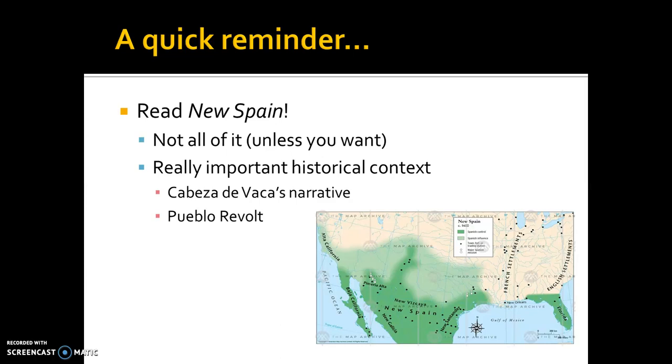But in terms of what we would consider North America, this gives you a sense of the vastness of the territory. Obviously all of Mexico is accounted for here, what we know now as the state of Florida, a good share of California, and then way up into North America, much further than people normally realize.